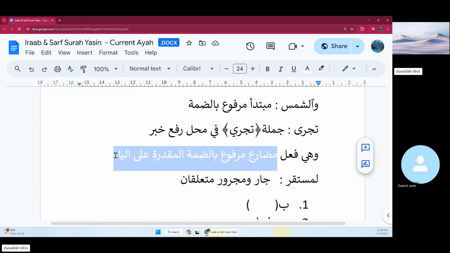So in this case, is it difficult or impossible? Impossible would be an alif, because there's no way you can see it. But when it is nasab, you can see the ya. It's only when it's rafa and jar you cannot see it. So this would be what we call thiqal, heavy.